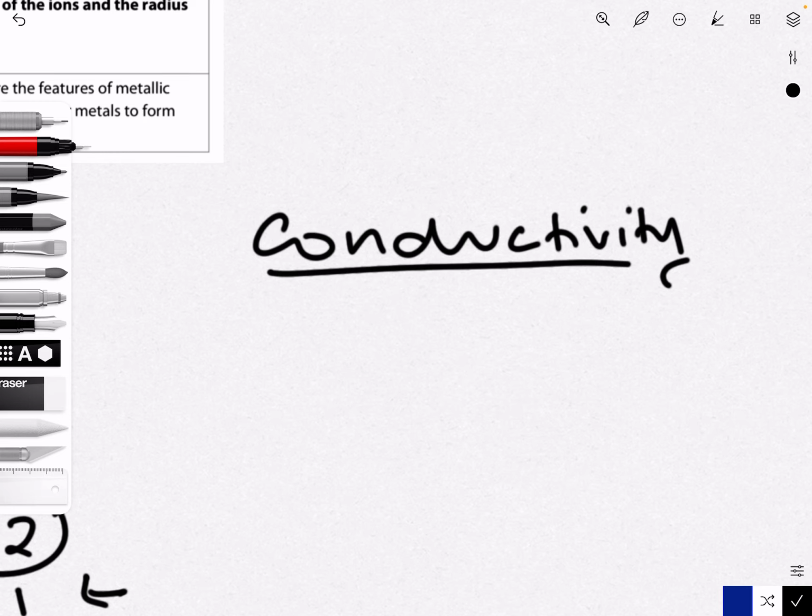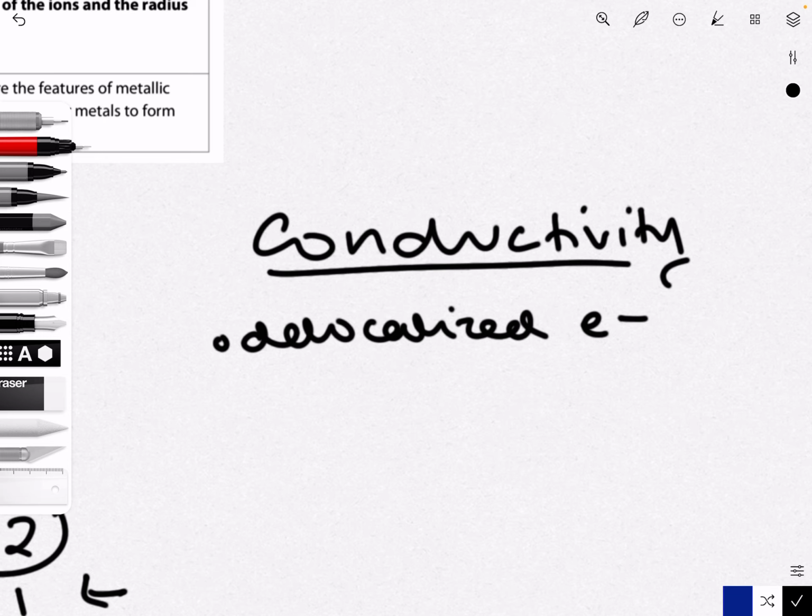And this is permitted in metallic bonding due to the nature of metallic lattices, as they contain delocalized electrons or ions, which are free to move.